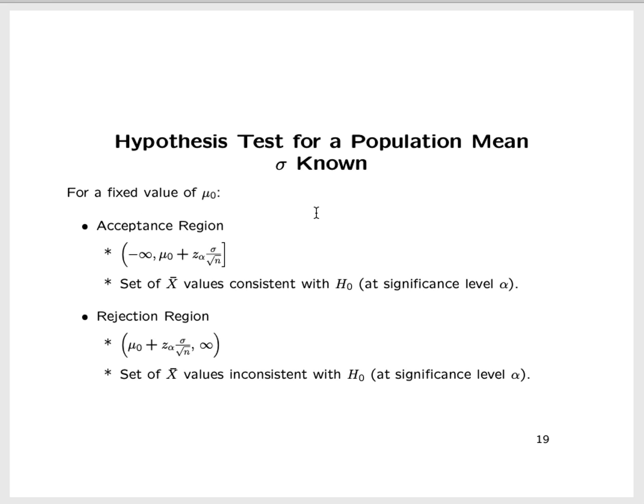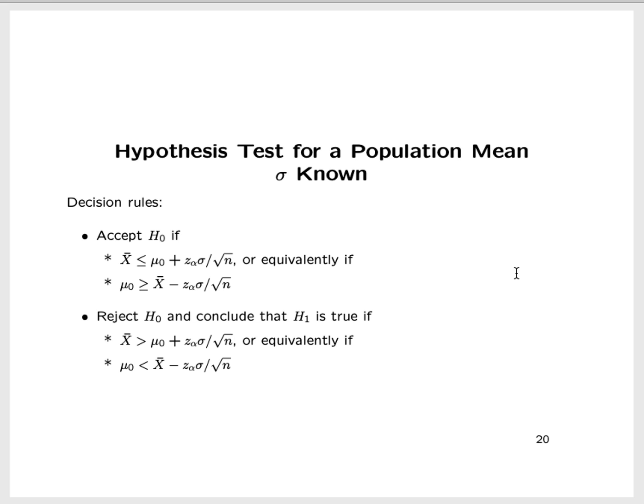For a fixed value of mu sub 0, the acceptance region for the test is the set of values of x bar in this interval. This is the set of x bar values consistent with the null hypothesis at a significance level of alpha. The rejection region is given by this interval. This is the set of values of x bar that are inconsistent with the null hypothesis at a significance level of alpha.